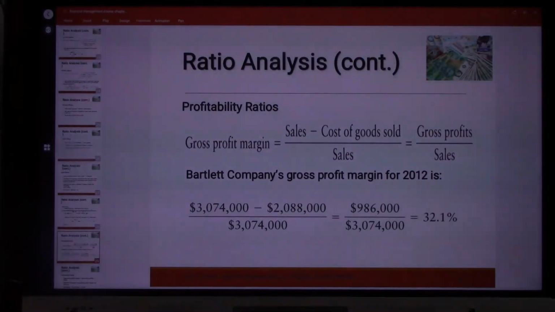By substituting in this equation, our gross profit margin is equal to 32.1%. What does it mean? It means that for every dollar generated in the shape of sales, our gross profit will be an amount of 32.1 cents.